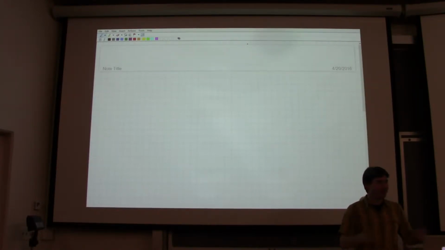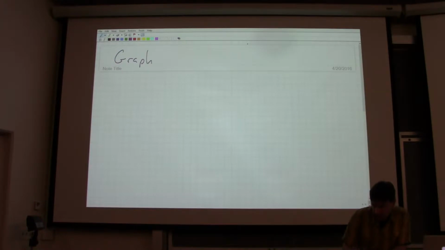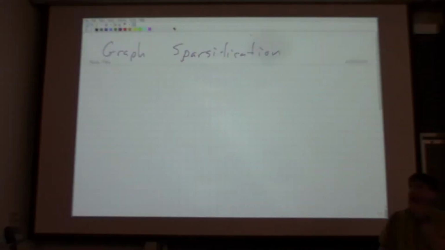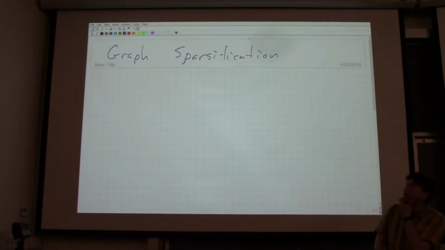So yeah, great. Okay, so the last topic today will be graph sparsification. This is another topic in doing mining on graphs.